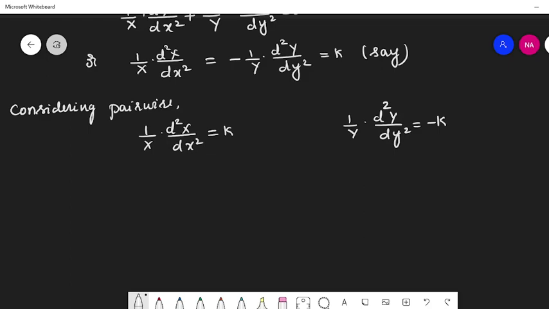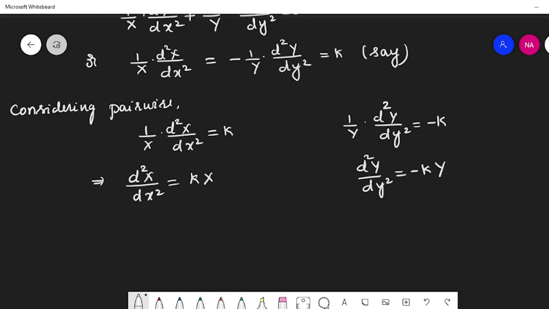Now it will be d square X by dx square equal to k into X, and d square Y by dy square equal to minus k into Y.